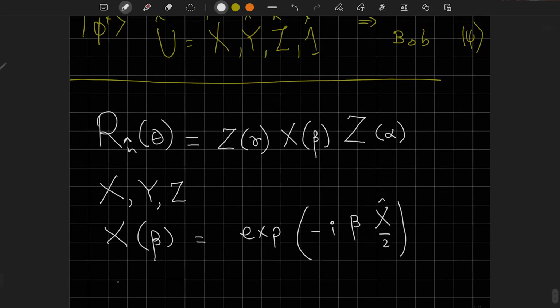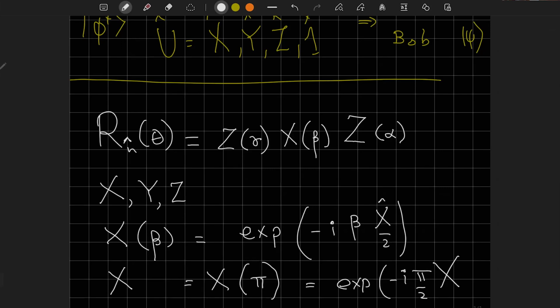When I write X without the argument, it's really just the Pauli operator, which is equal to X with beta equals pi, exponent minus i pi over 2 X. So X, Y, and Z are the Pauli operators, and X, Y, and Z with arguments are rotations about the x, y, and z axes by certain angles. This is the notation that I'm going to use.